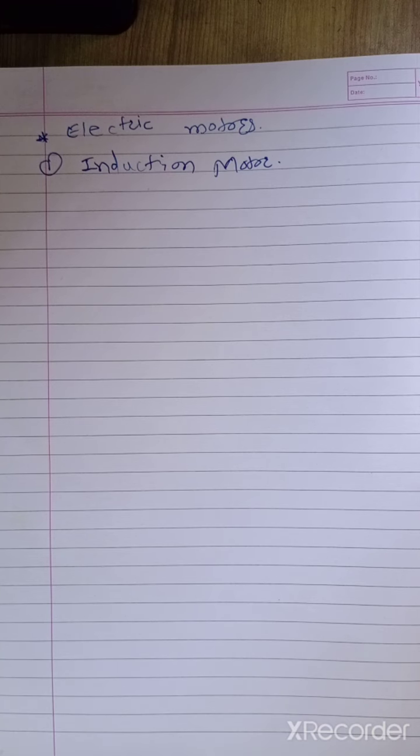In induction motors, the induced magnetic field of the stator winding induces a current in the rotor. This induced rotor current produces a second magnetic field which tries to oppose the stator magnetic field, and this causes the rotor to rotate.